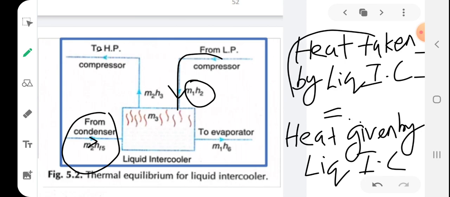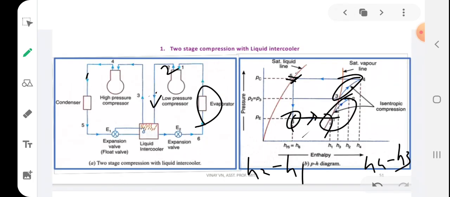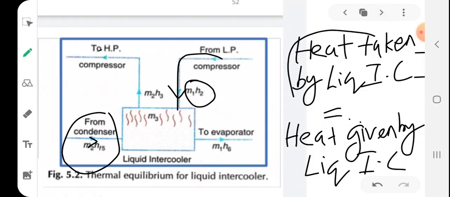What is the mass of that stream? m2. What is the state of that stream? The state is 5, so its enthalpy will be h5 or hf5. So m2 and hf5 is also entering. So total heat taken by the liquid intercooler is m1 h2 plus m2 hf5.